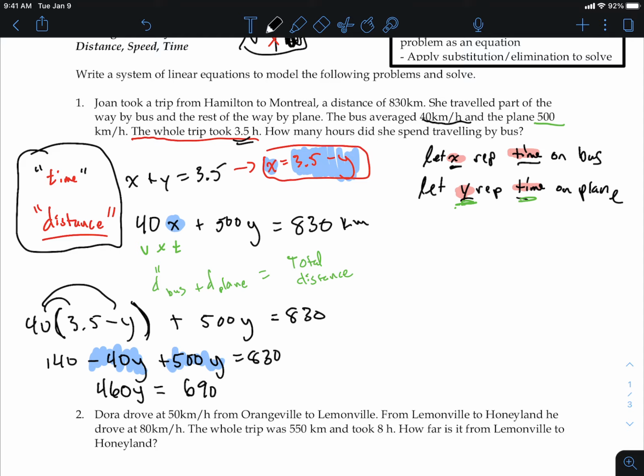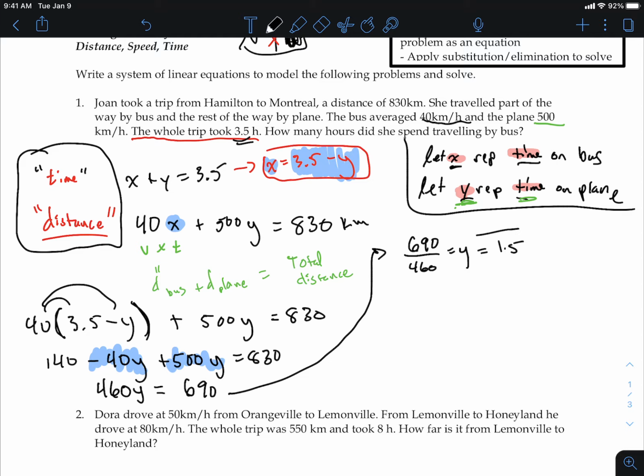So now we just have to do 690 divided by 460 equals y, which equals 1.5.